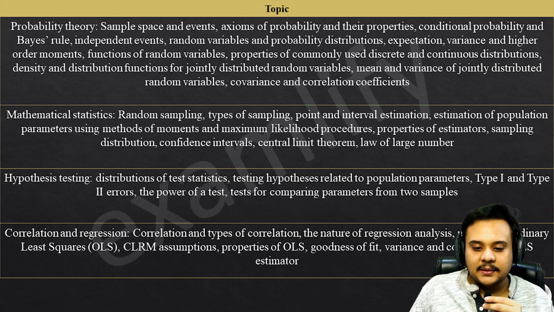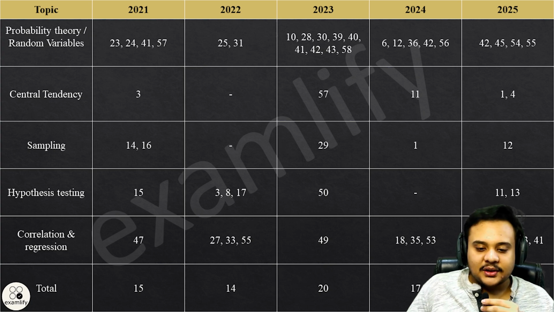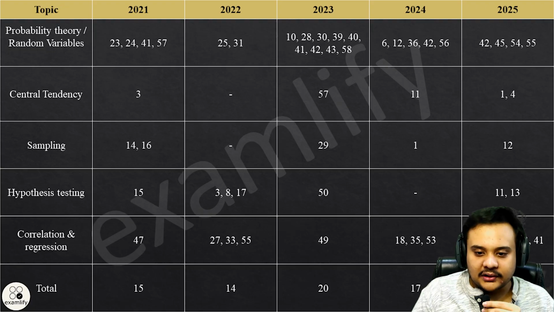This is just the syllabus, you can go through this. Then this is again the list of the questions that were asked every year. So you can clearly see that probability is clearly the favorite topic of the examiner under the stats part. You can see that central tendencies also, there's sometimes sampling, then hypothesis testing, correlation regression.